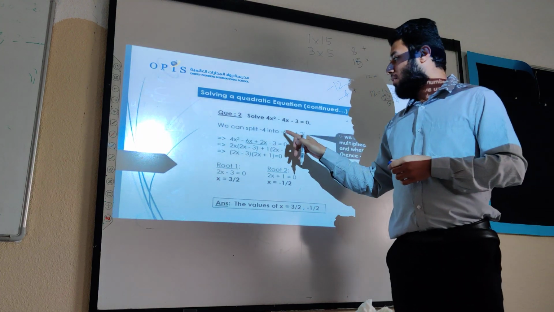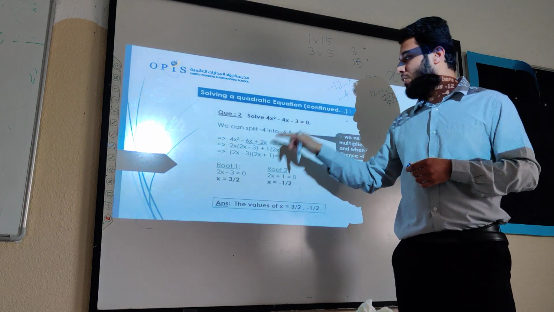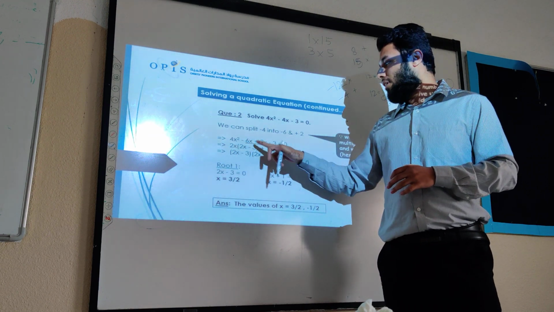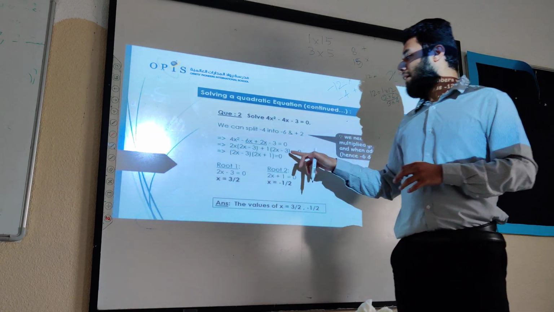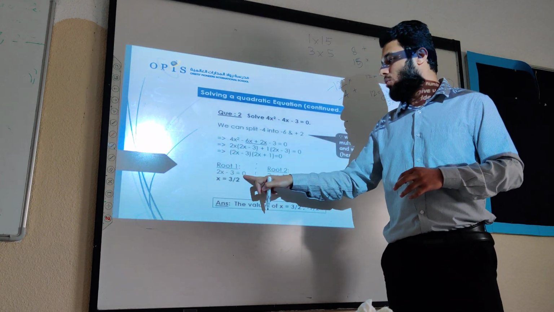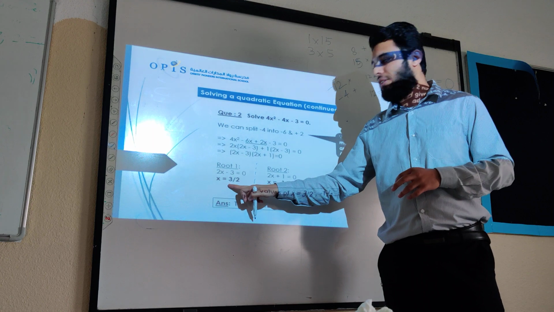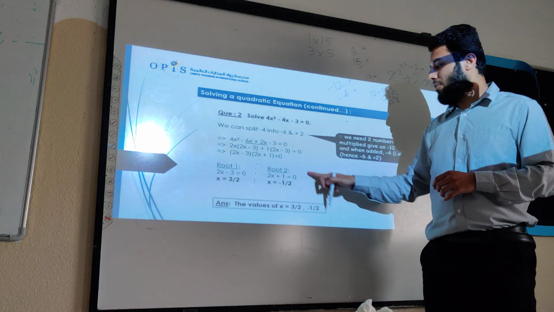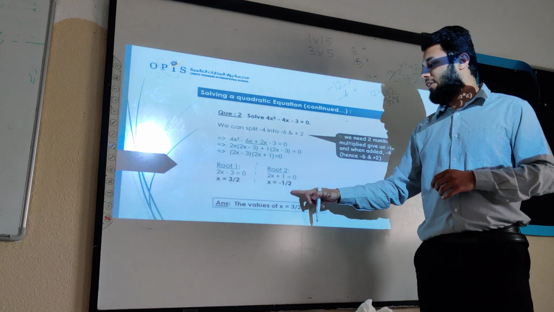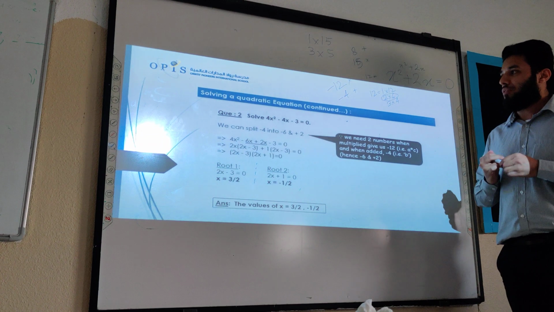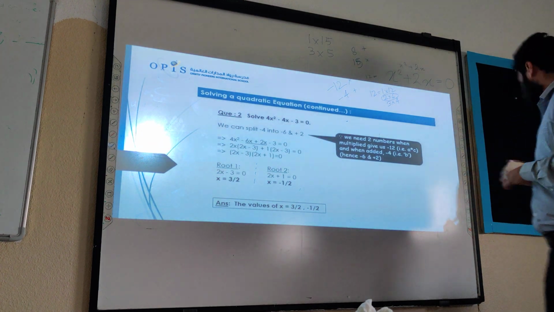Similarly, minus 4 will be split into minus 6 and plus 2, and the same method we will take common into two brackets and we will equate them to 0 one by one. 2x plus 3 equals 0. 3 will go here with a positive sign and 2 will become in the denominator, and similarly minus 1 will go here, 2 will come in the denominator, minus 1 by 2. So these are the two roots of the quadratic equation.